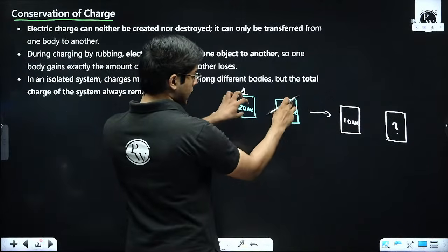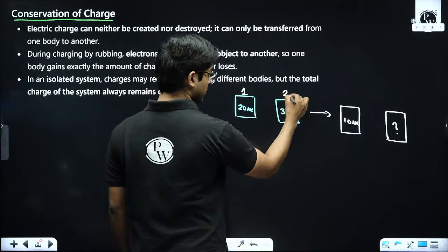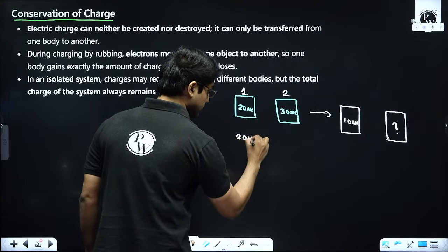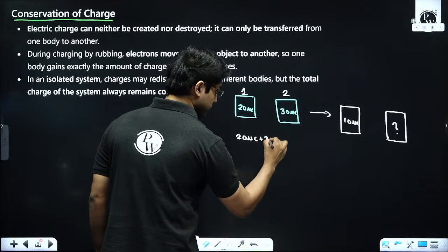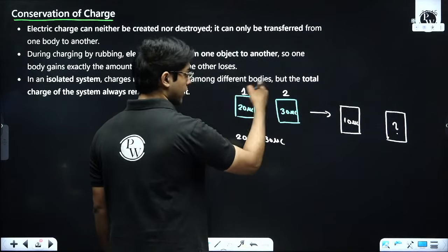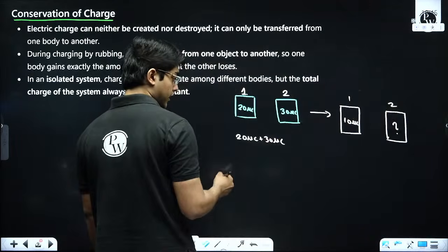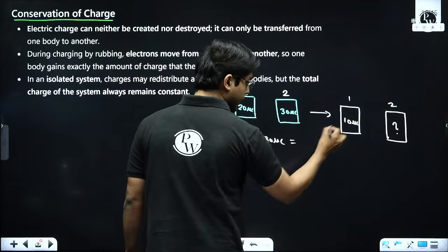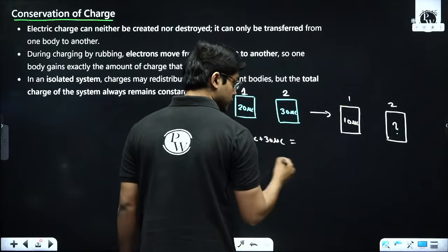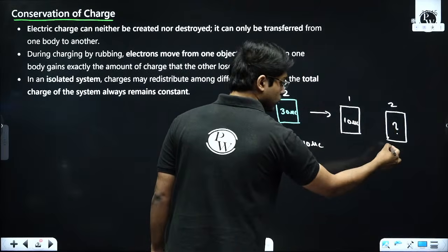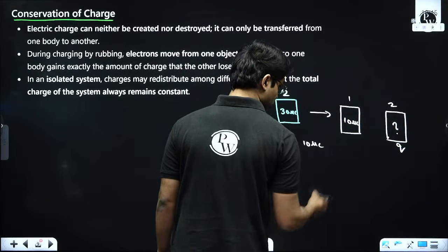The total charge in the system is the charge in box 1 and box 2, so that will be 20 microcoulomb plus 30 microcoulomb. This is the total charge. If we take these two boxes together, this must be the same in the final case also. So in the final case, box number 1 has 10 microcoulomb, and box number 2, let's say, has Q charge.